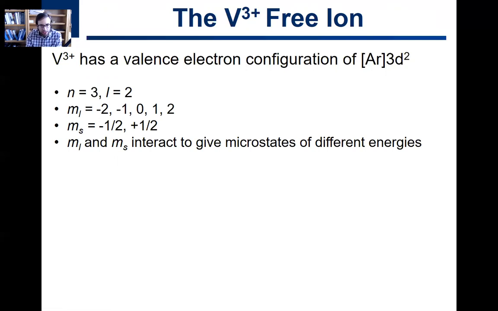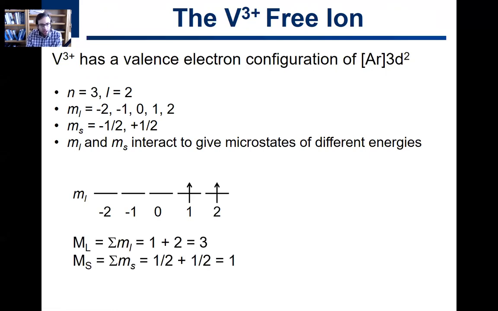M sub L and M sub S are going to interact to give microstates of different energy. So now we can start looking at, okay, what are our M sub Ls? Here's one microstate. Both spin up. One in the subshell with an M sub L of 1. One spin up within the subshell of M sub L equals 2. And so you sum these up to get capital M sub L. Capital M sub L is going to be 1 plus 2, just these two. That means capital M sub L equals 3.